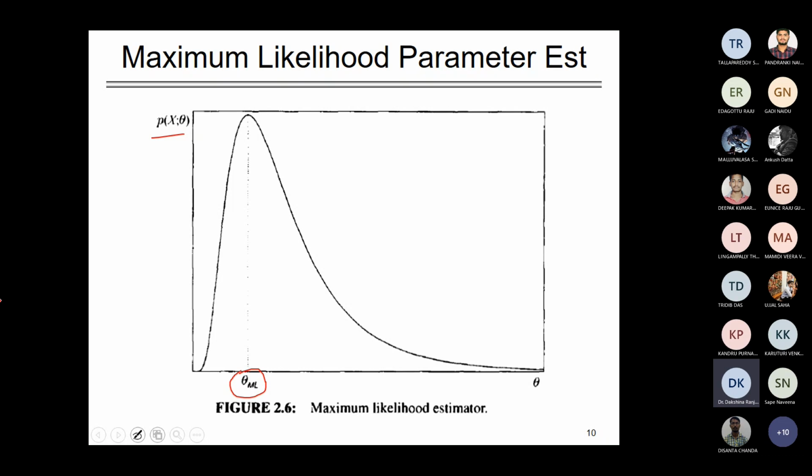At this point we get the maximum likelihood function. So the maximum likelihood is estimated at point theta ml. By the gradient we will get this maximum peak at this point, so at this point we can say that the likelihood function is maximized.